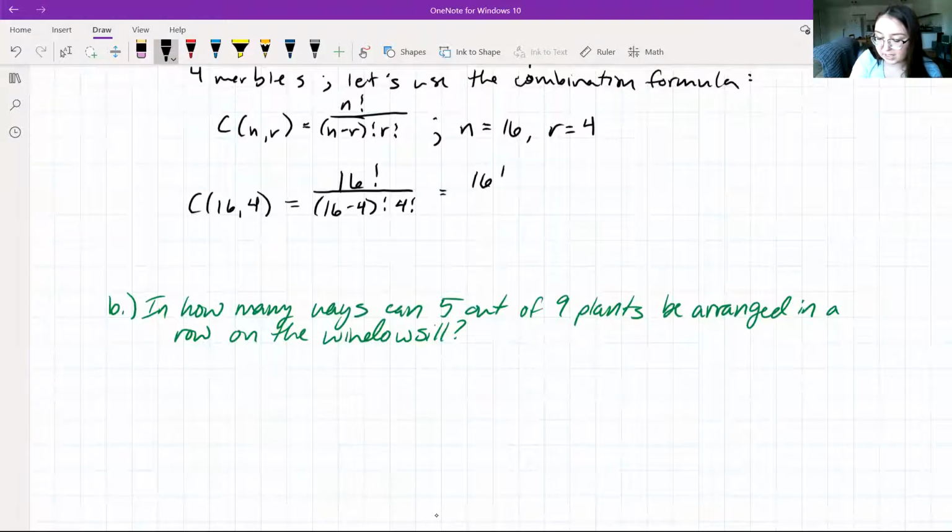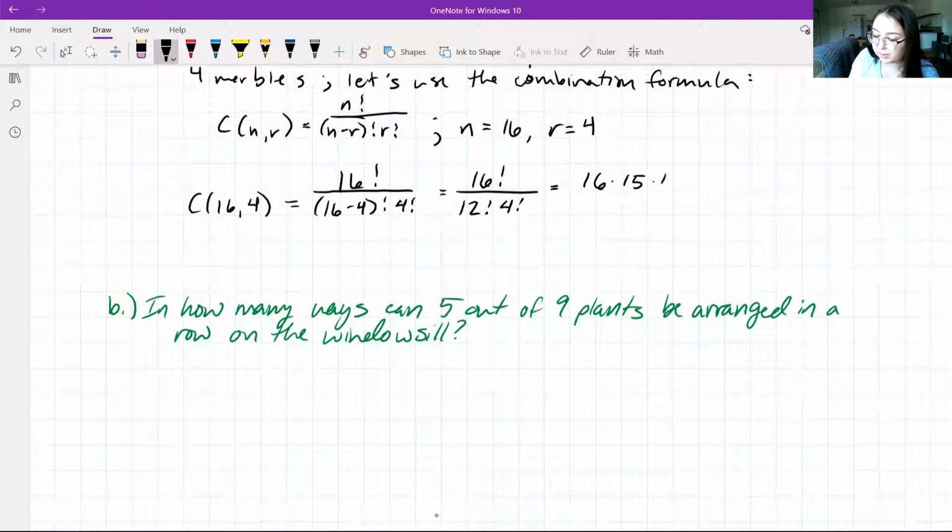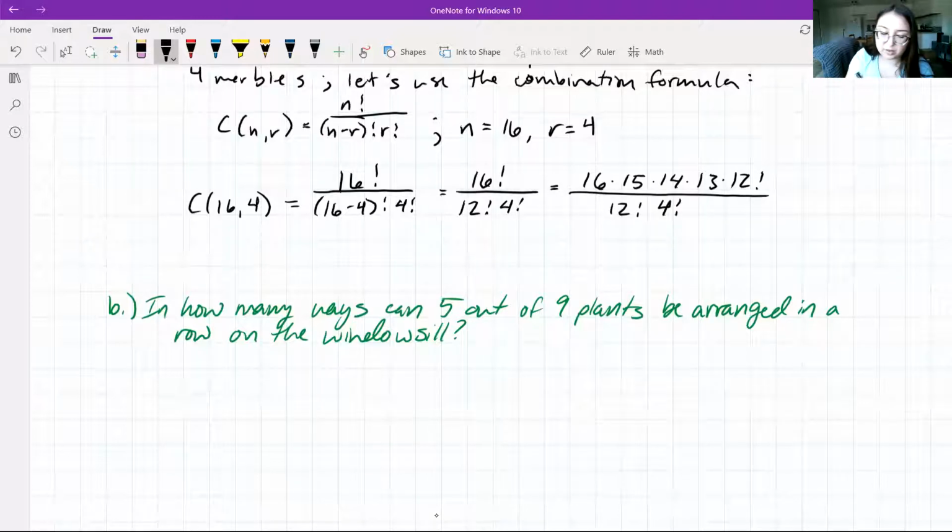Now we simplify to get 16 factorial divided by 12 factorial times 4 factorial. Remember, we're going to extend out our numerator so that we can end up canceling with the larger factorial in the denominator. This gives us 16 times 15 times 14 times 13 times 12 factorial, over 12 factorial and still 4 factorial.